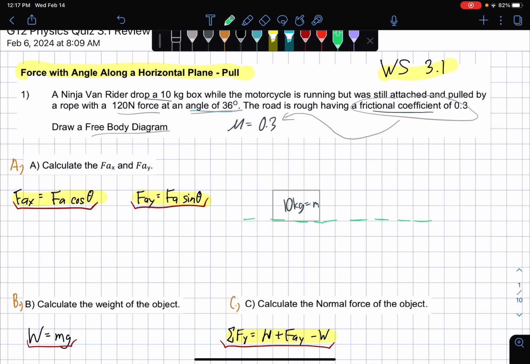And say this is the motorcycle. Apologies for my drawing. Just pretend that this is a motorcycle, and then there is a pole. So we'll place another dashed line here for the surface with respect to the angle.